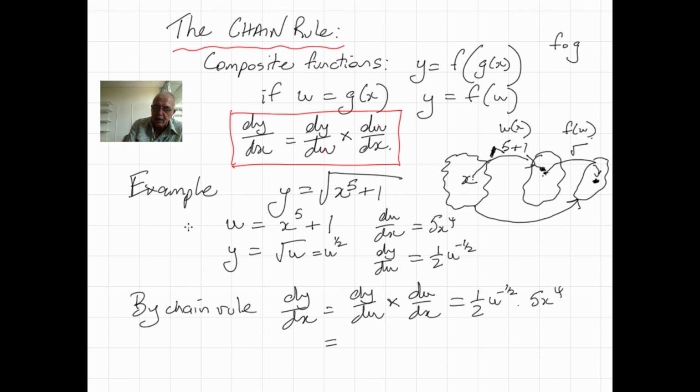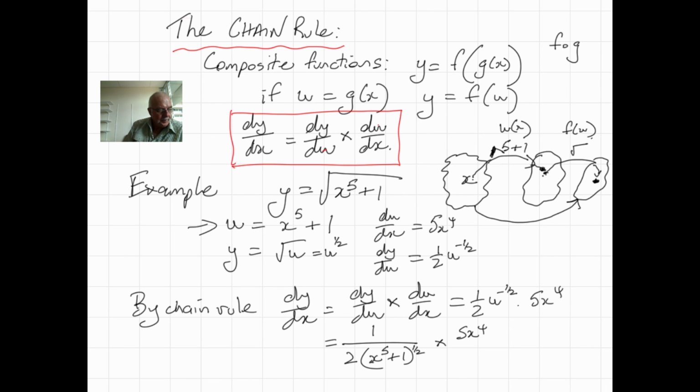We go back up and we can see that u is equal to x to the 5 plus 1. Now u to the minus a half is 1 over u to the positive a half, so that 2 can go downstairs. That will be equal to 5x to the fourth over 2 times x to the power of 5 plus 1 to the half.